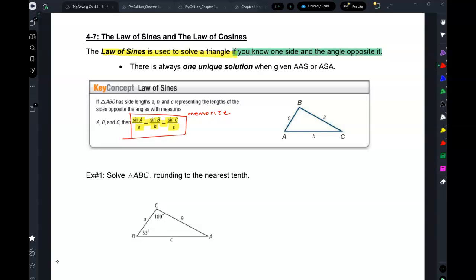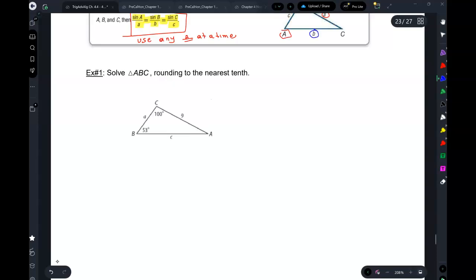You always use any two at a time. For example, sine of angle A over a is equal to sine of angle B over b. Do you see how it's the sine and the angle opposite, and the sine and the angle opposite?